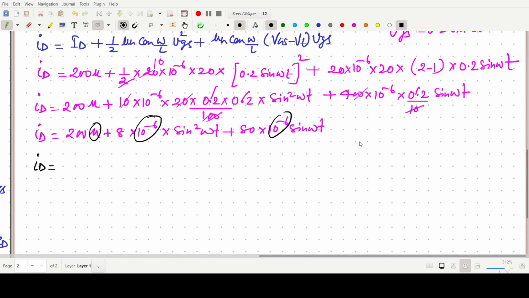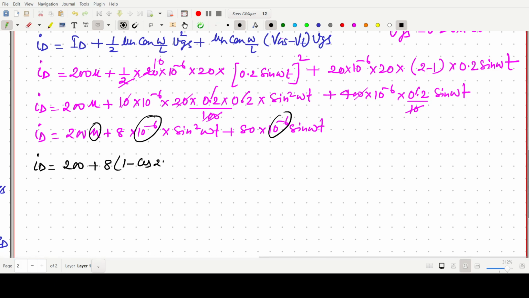Okay, so can I make it out? So 200 plus 8, and sine square omega t can be 1 minus cos 2 omega t over 2. Okay, is there any mistake? 2 into 20, 20 into... okay, there is some mistake, it should be 4.